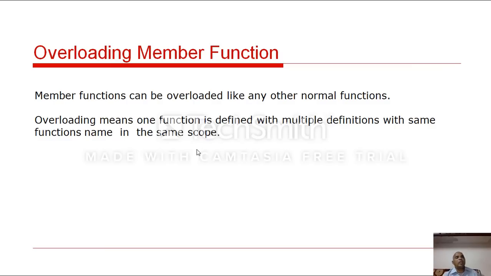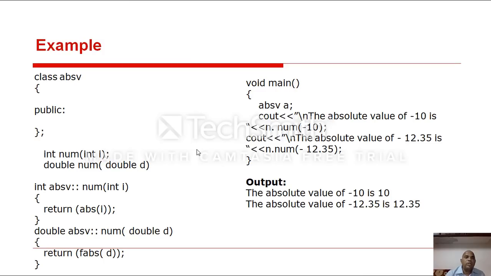Your member functions can be overloaded like any other normal functions. Overloading means one function is defined with multiple definitions with the same function name in the same scope. Clear all of you?